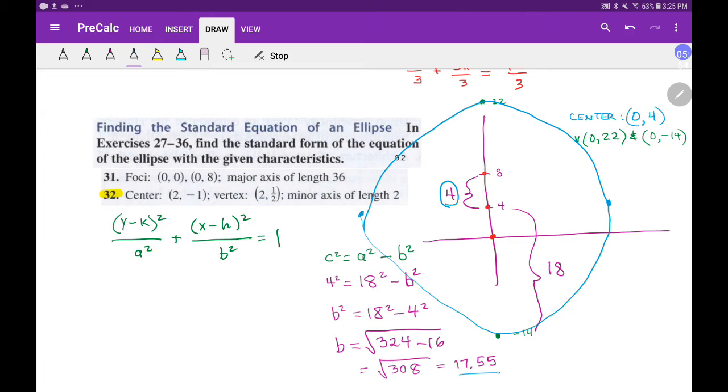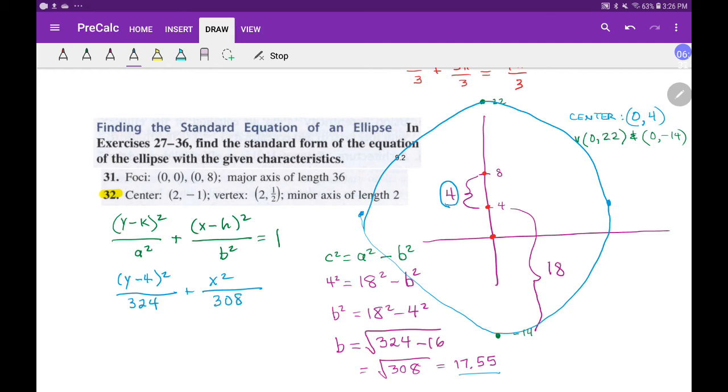So, find the standard form. Okay, fine. We'll say y minus k. What's k? k is 4, so we'll subtract 4 squared over a squared, which is 324, plus x squared, I don't need parentheses because it's just going to be 0, over 308.